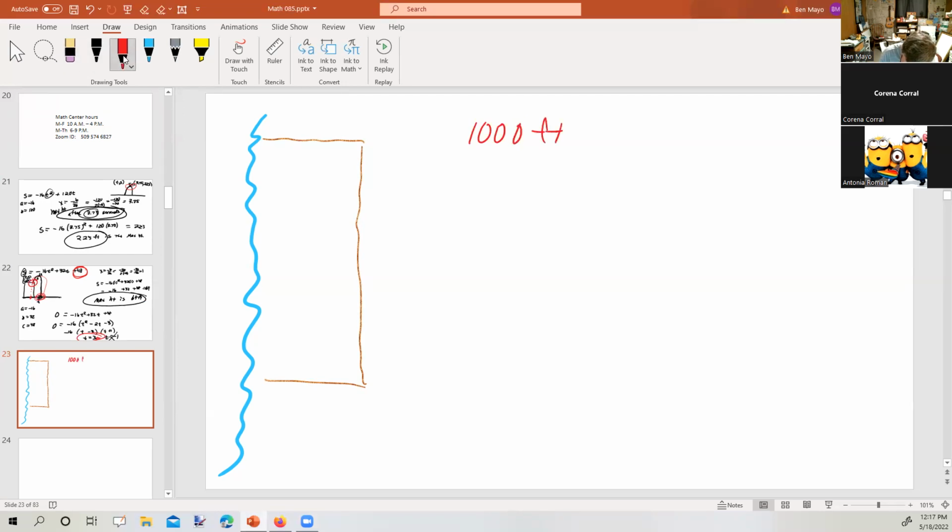We've got 1,000 feet of fence. Okay, so this is a total of 1,000 feet of fence. And we're going to build a rectangular pen up against the river to keep cows in.